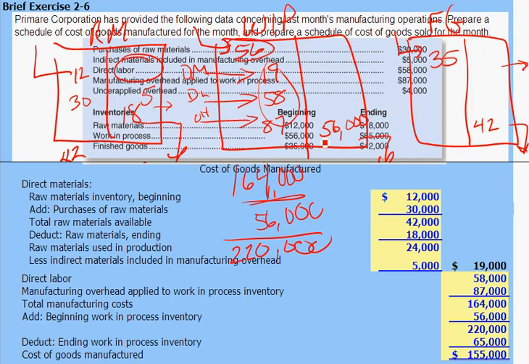If we had 65 left, then 220 minus 65 means that we had to have 155 going to finished goods.